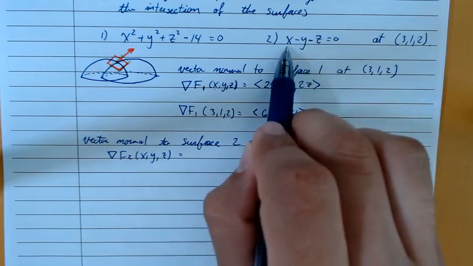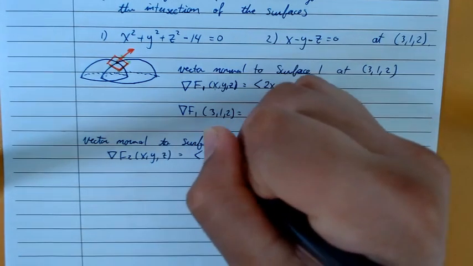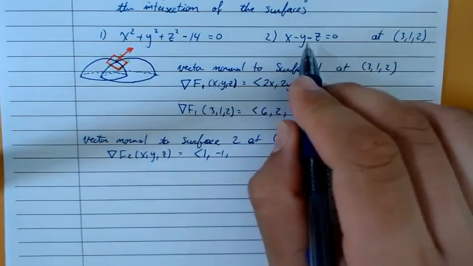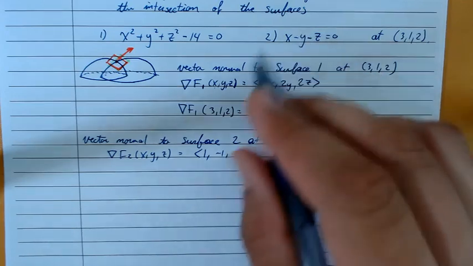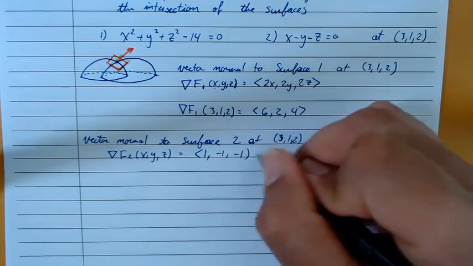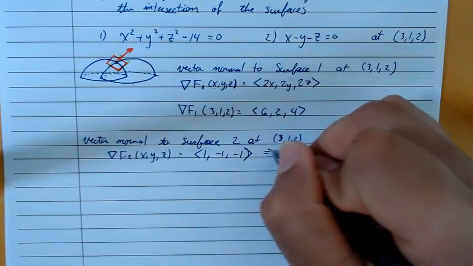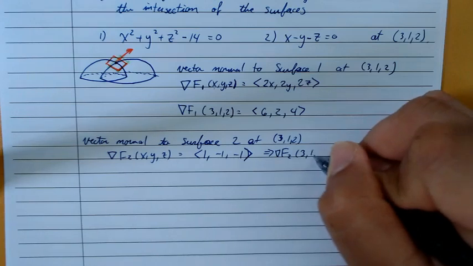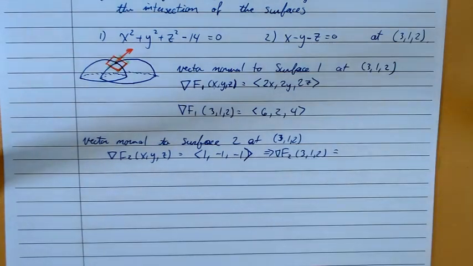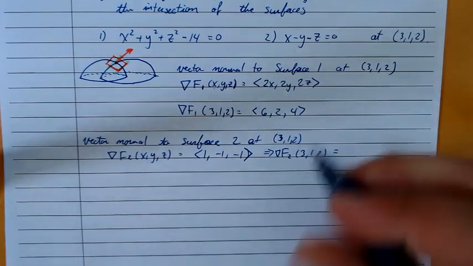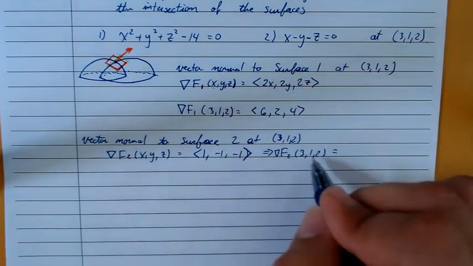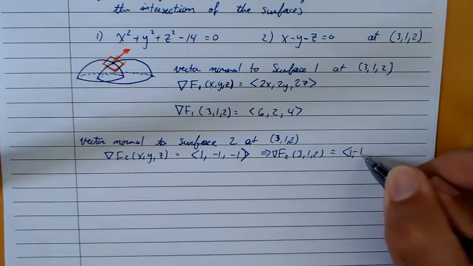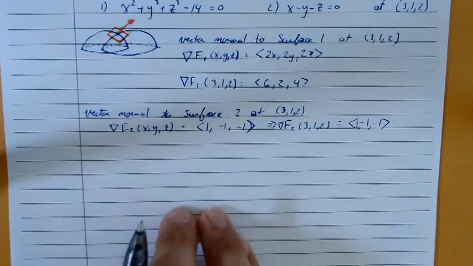Oh, well, that'll be just 1. And then with respect to y, well, that would be minus 1. And with respect to z, well, that's also minus 1. That's a vector. And then if we want to find the gradient of F2 at the point 3, 1, 2, well, it's still 1, minus 1, and minus 1. Because after all, that's a constant vector. There are no variables. There's nowhere for me to plug that in. So it's going to stay 1, minus 1, minus 1, like that.